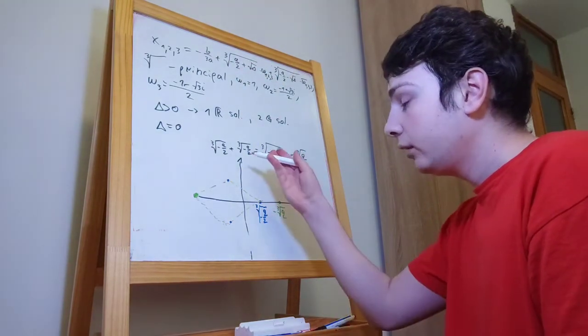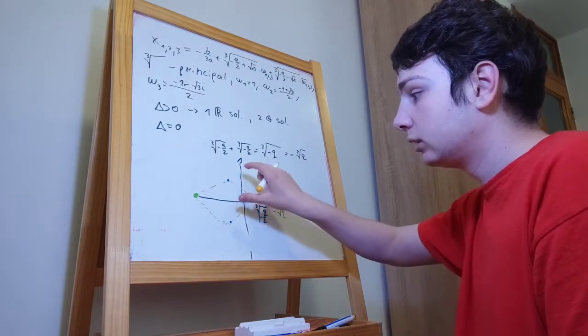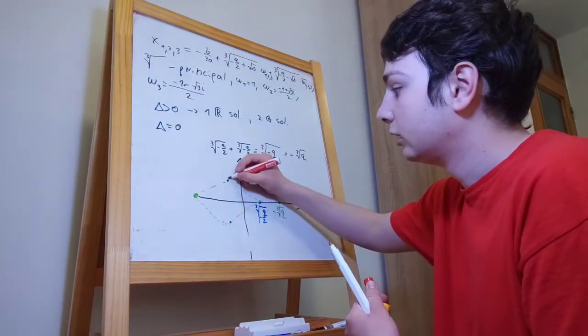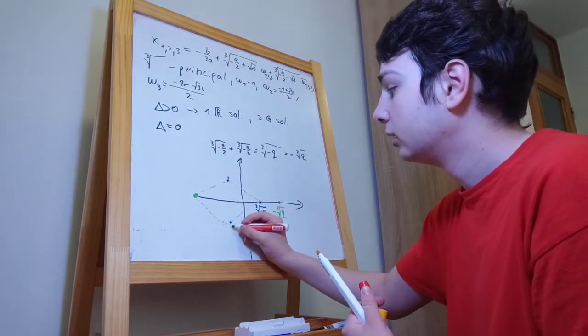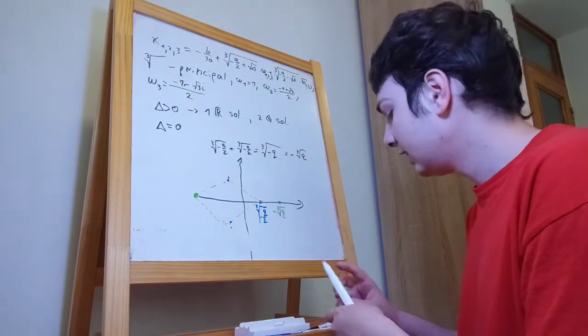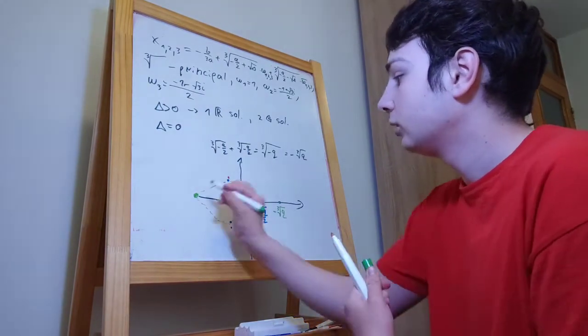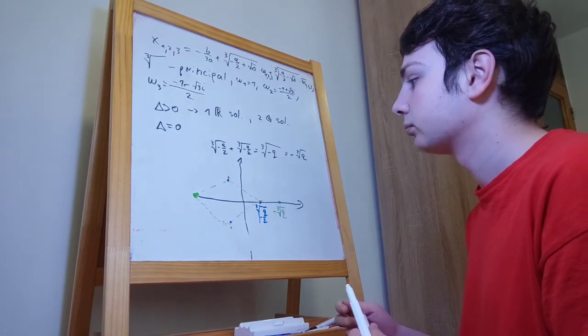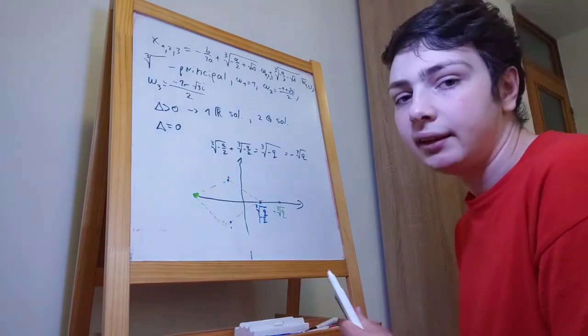So when we add a pair like this, blue plus red, red plus blue, we still end up with the same point lying right where I've drawn here.